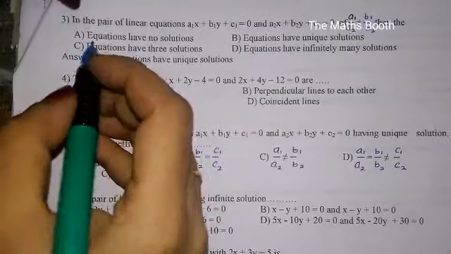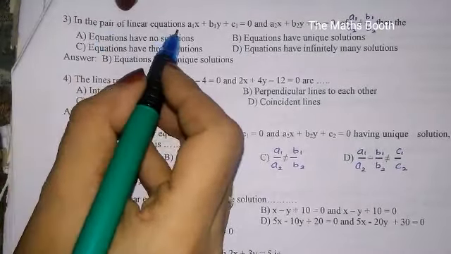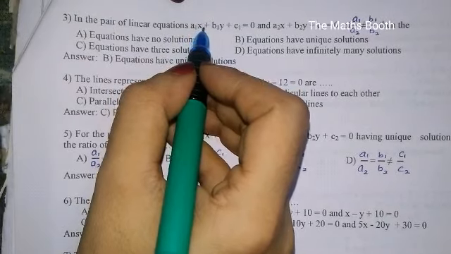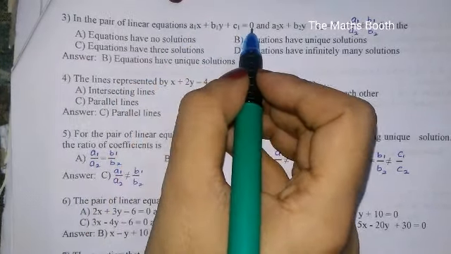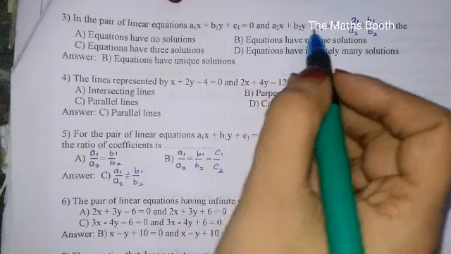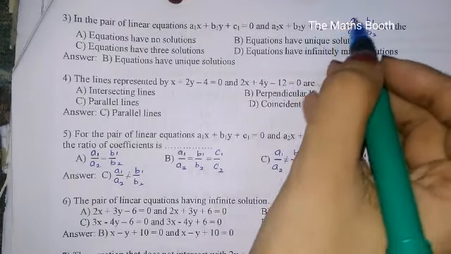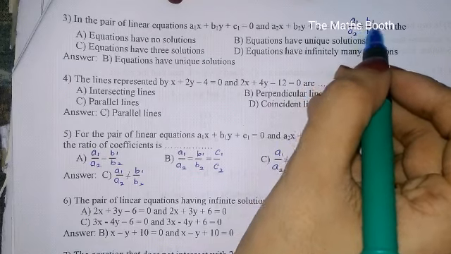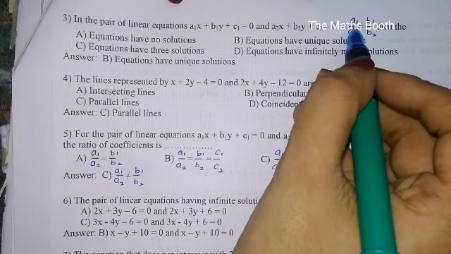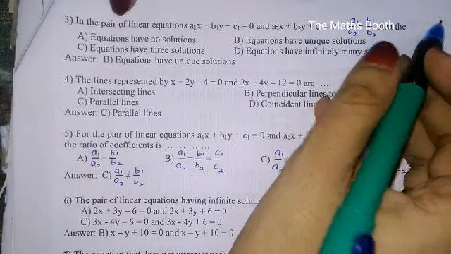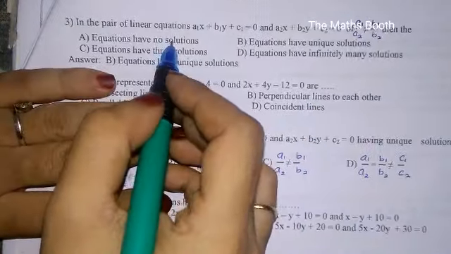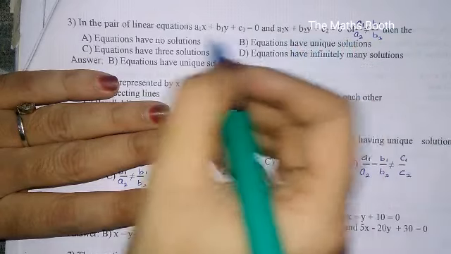Now question number 3. In the pair of linear equations, again the standard form they have taken: a1x plus b1y plus c1 equal to 0 and a2x plus b2y plus c2 equals 0. The condition is a1 upon a2 not equal to b1 upon b2. Then the options: the equations have no solution, unique solution, three solutions, or infinitely many solutions. You should always remember that when a1 upon a2 is not equal to b1 upon b2, then the equations have a unique solution.